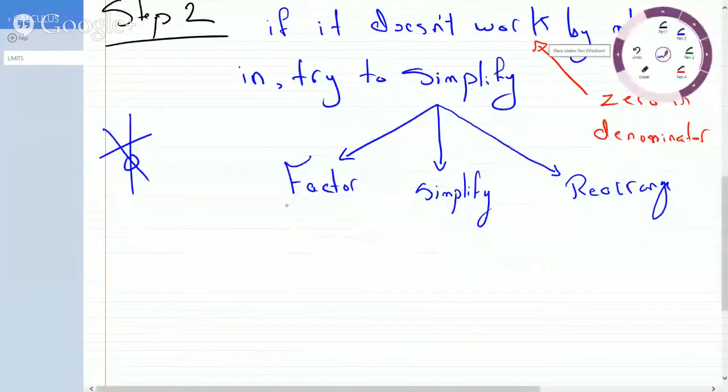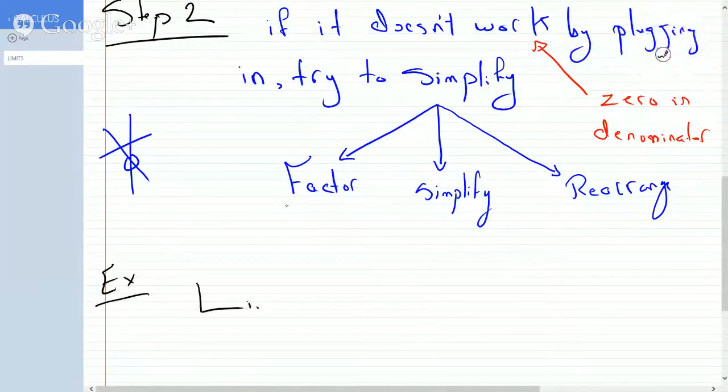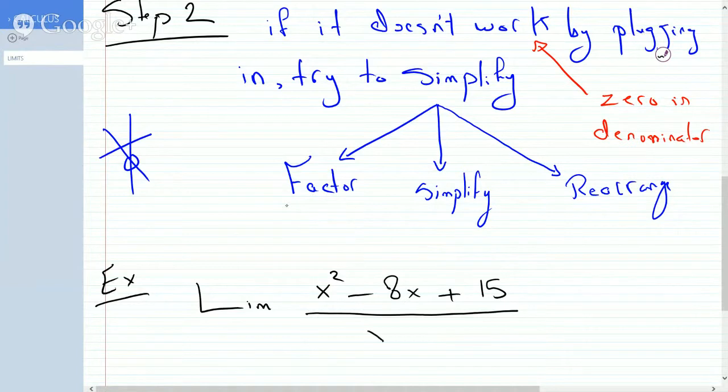Like for example, let's take an example. Let's say you are taking the limit of x squared minus 8x plus 15 over x minus 5 as x goes to 5, for instance.